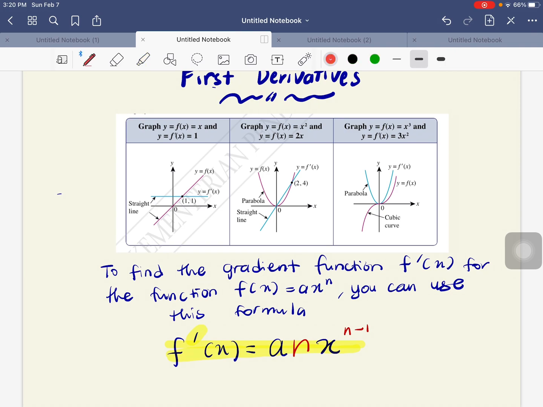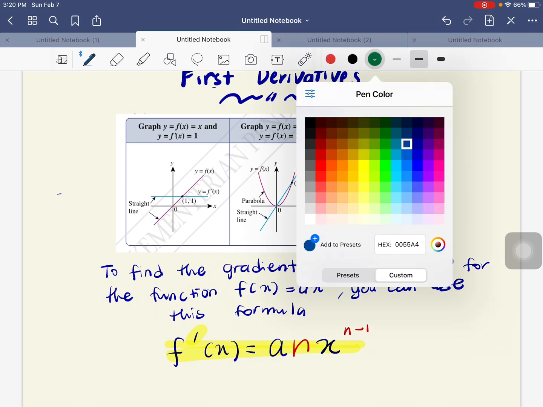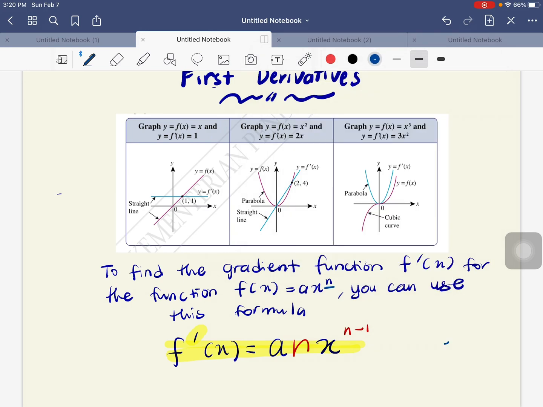Where do we get n from? We get n from our power. We reduce the power, bring it down, and multiply it with the coefficient.